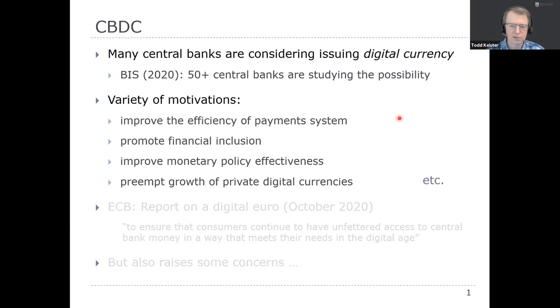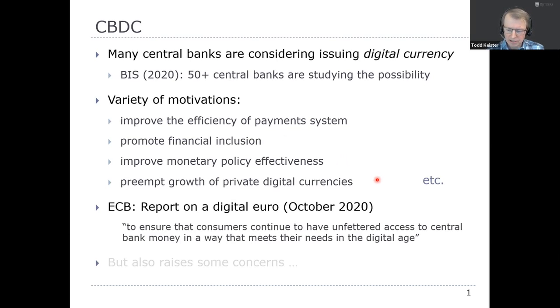Some of the motivations are about a desire to improve on physical currency, so offer people a more efficient means of payment, and perhaps through that promote financial inclusion by providing this better instrument to people who are currently, for whatever reason, excluded from the banking system. There are some answers about improving the effectiveness of monetary policy and maybe about preempting the growth of private digital currencies like Facebook's Libra proposal, which is now called Diem.